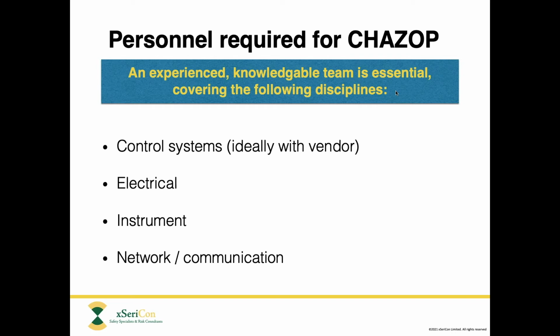You may notice that, for example, process is not on the list, and HSE is not on the list. Sometimes we do need some input from these people, for example, to answer questions about the failure mode of a particular valve, or what redundancy is there.